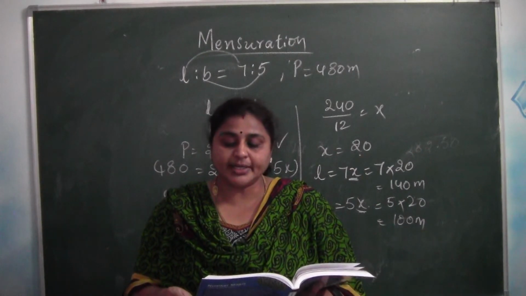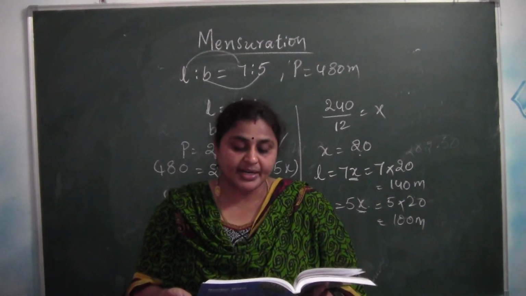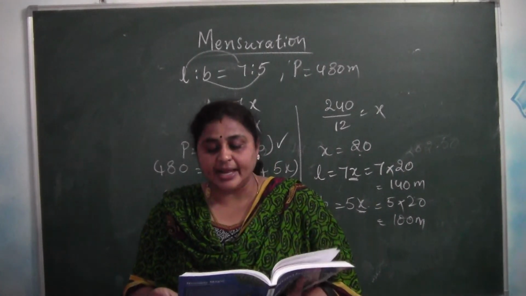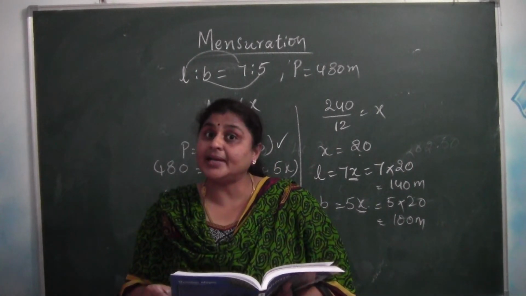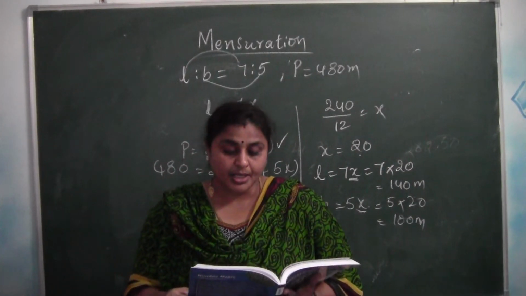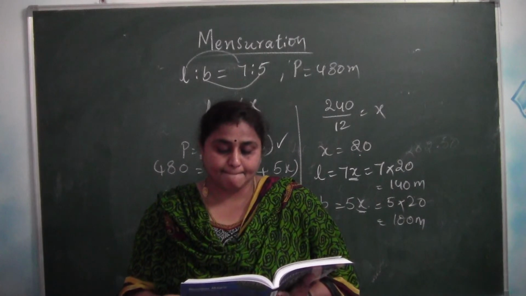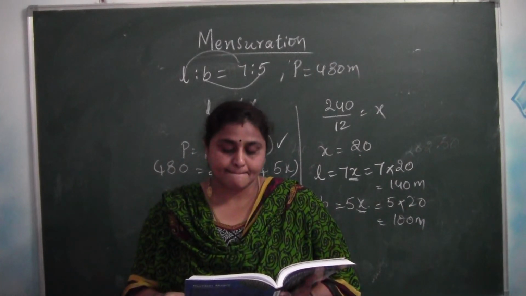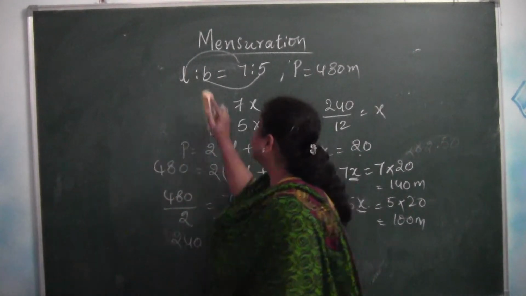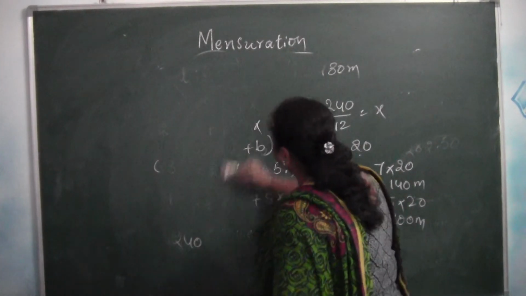A girl jogged around it 4 times and covered a distance of 4.5 kilometers. What is the length of the field? So we need to calculate the length of the field. I'll solve the problem on the board. This is a bit tricky.